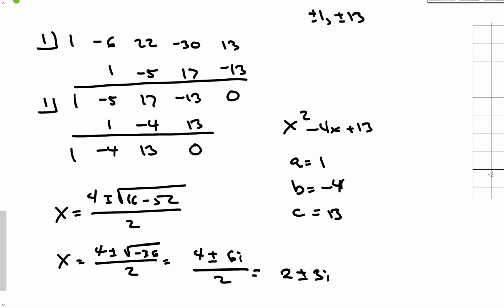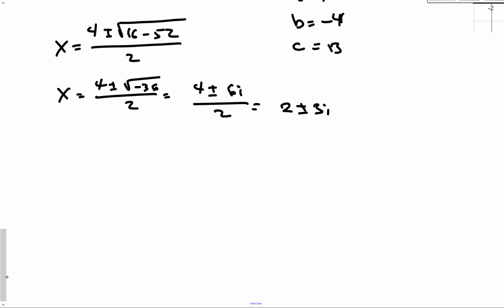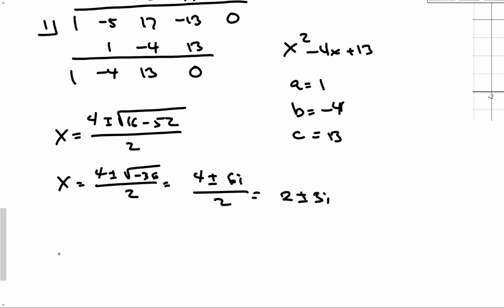So this function has 4 zeros, 2 of which are imaginary, and they are 1 twice, 1 with a multiplicity of 2, 2 plus 3i, and 2 minus 3i.